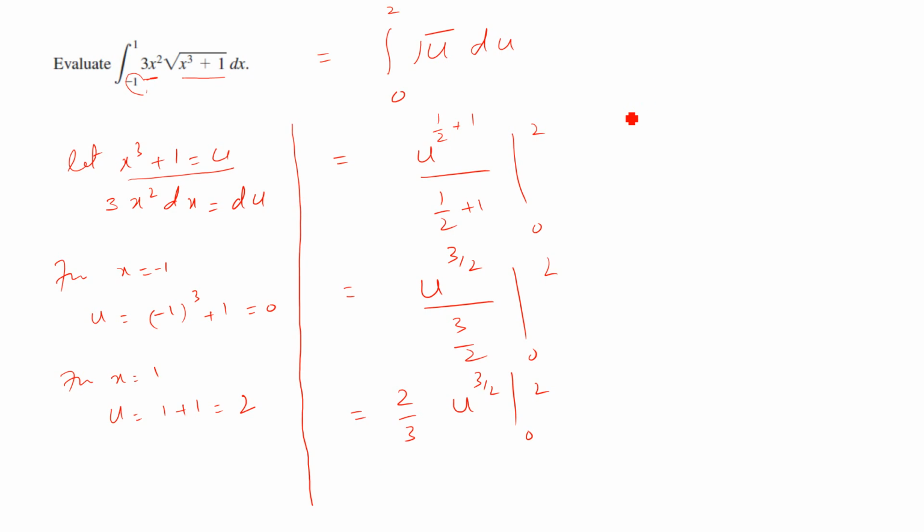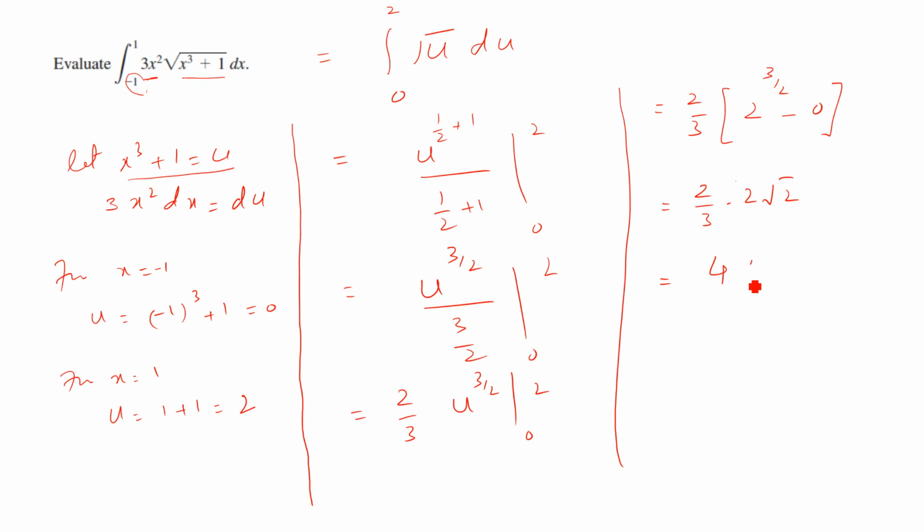After applying the limits using the evaluation theorem, we have 2/3 times 2 to the 3/2 minus 0. This is equal to 2/3 times 2 square root of 2, which is 4 square root of 2 divided by 3, and this is the answer.